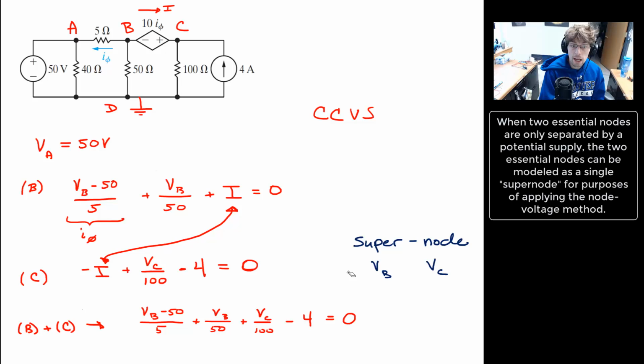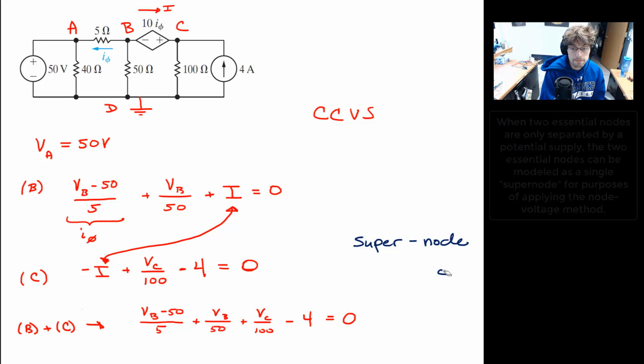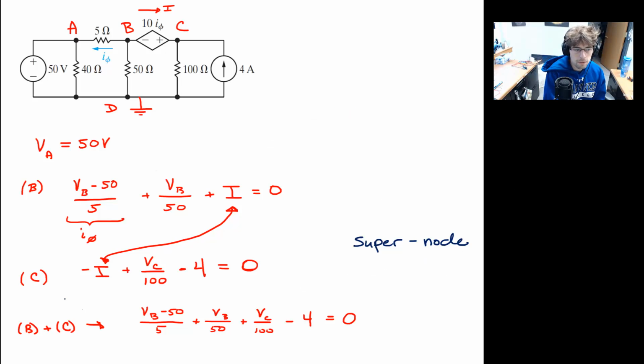So let's go ahead and write down that relationship. For lack of space, I don't want to flip pages yet, so I'll do it up here in this upper right. We see that the potential at B plus 10 I phi is equal to the potential at C. And of course, we have an expression for I phi, so let's substitute that in.